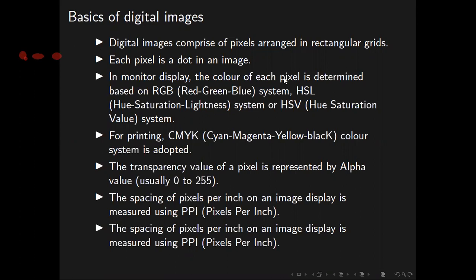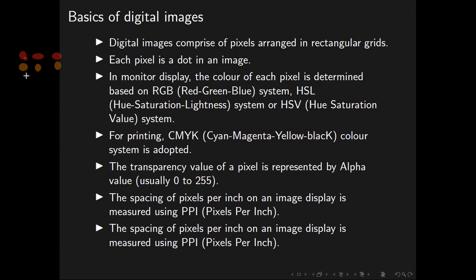We can change the color and place them in a grid, in a rectangular grid. Such dots, when they are arranged close to each other, we begin to see some patterns and we call them images.